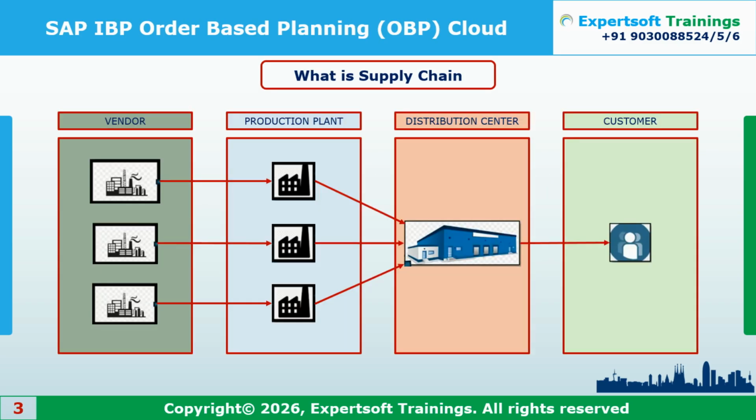So now if I take a simple supply chain network here, obviously the starting node of any supply chain network is a customer. So these customers are connected to the nearest retailers or the distribution centers, and distribution centers will connect to the manufacturing units, and the manufacturing units will connect to the suppliers or the vendors. So whenever any demand comes from the customer to the retailer, the retailer will verify the stock.